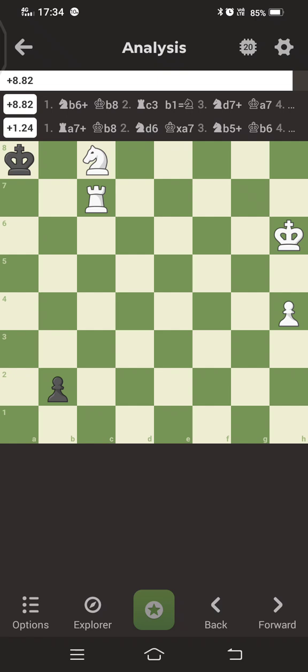So, this is the starting position, and white is about to move, but the threat is this black pawn that can become a queen.